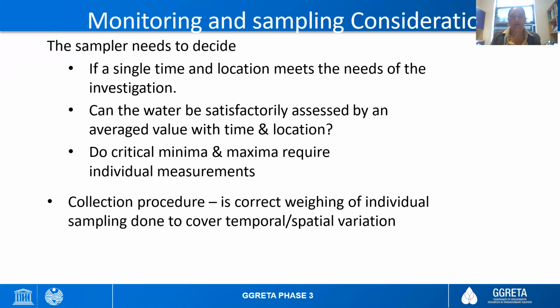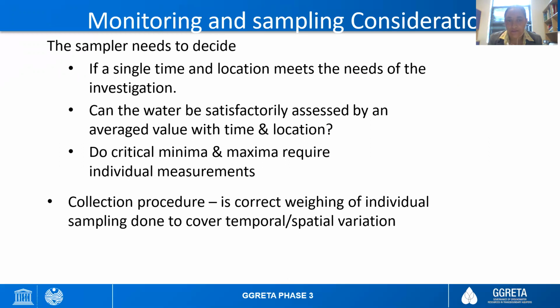So, some more monitoring and sampling considerations. The sampler going out to collect the sample needs to decide if a single time and location meets the needs of the investigation. So these need to be linked closely to your objectives, and your objective might define this for you as well. Can the water be assessed by an averaged value with time and location?